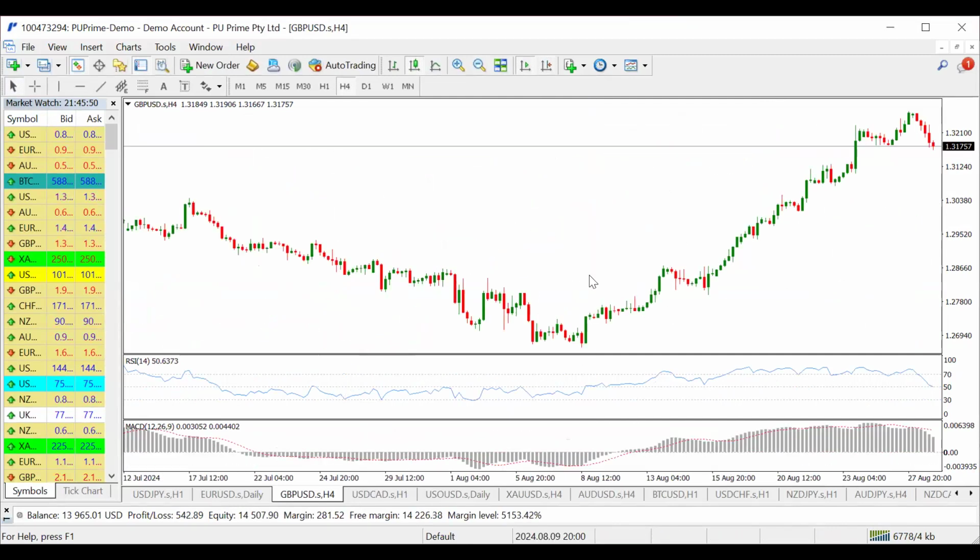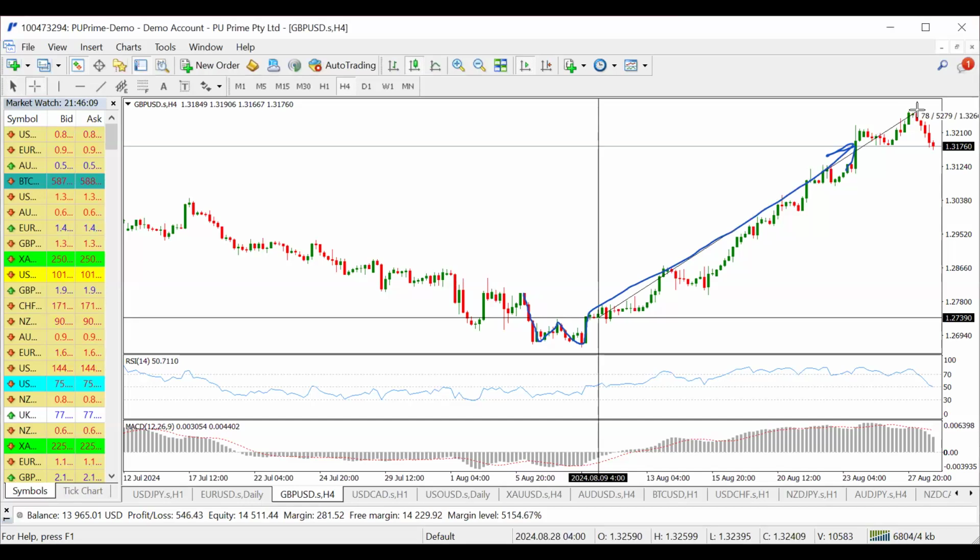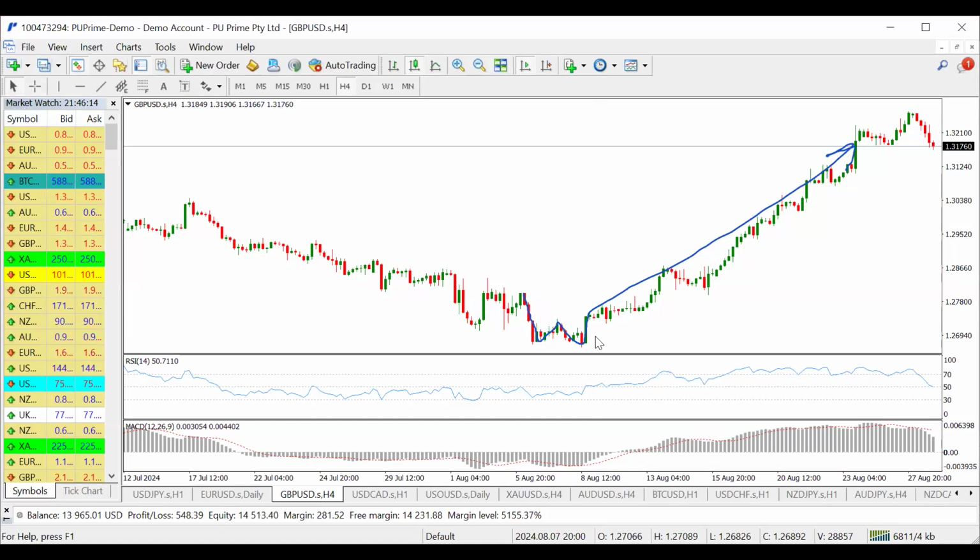This is a perfect double bottom pattern on GBP USD on 4 hour, and see how far it's triggered price. It's been bullish since then. From that 4 hour breakout, GBP USD has been bullish. It's a swing setup. It has gained about 527 pips as a result of that double bottom, that W pattern that you just saw right there. This is swing. It's 4 hours, not 1 hour.